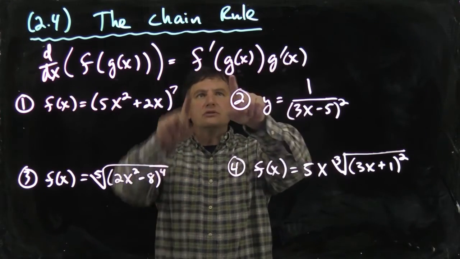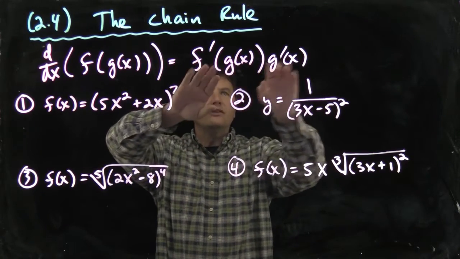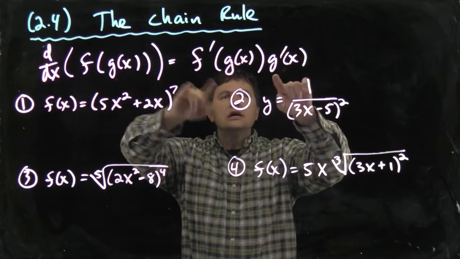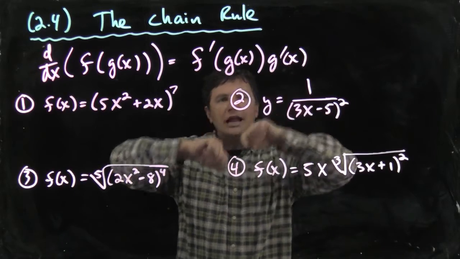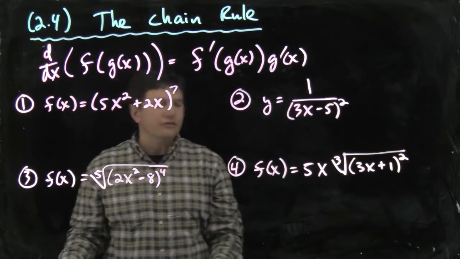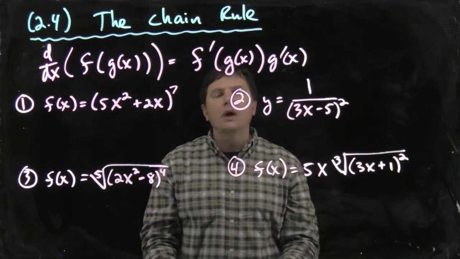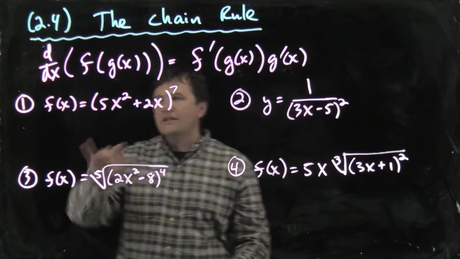One of the more common errors is people will take all the derivatives at once, so they'll have like g prime here instead of the g that stays the same, and then chain out the derivative. So you want to chain out the derivative, thus chain rule, okay? So let's go ahead and take a look at this.